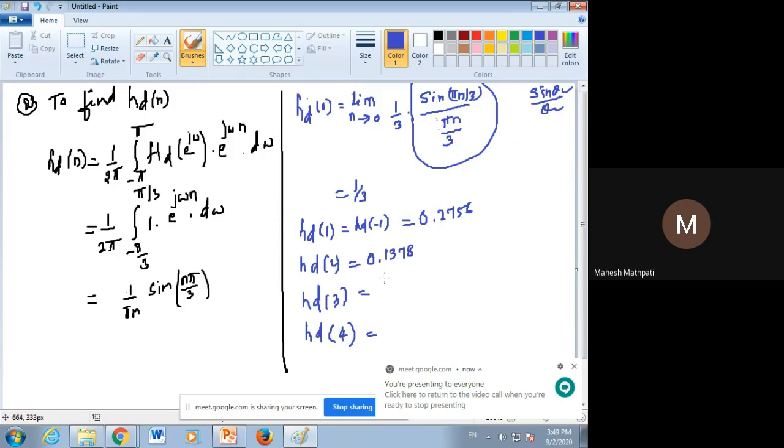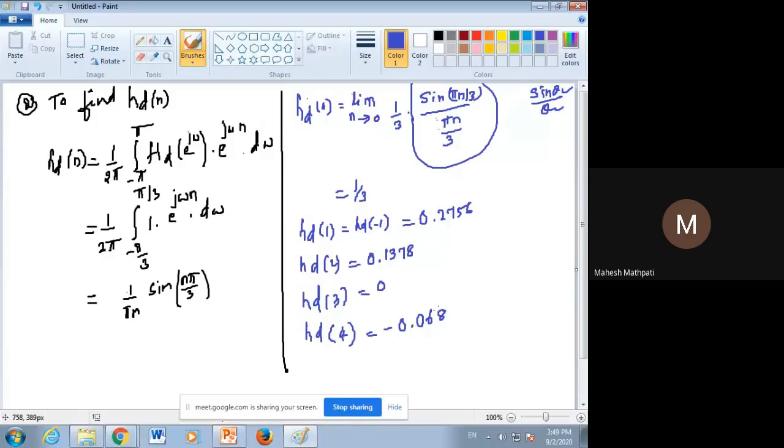Okay. Then HD of 3 is 0. And HD of 4? 0.068. Okay. I got these values.